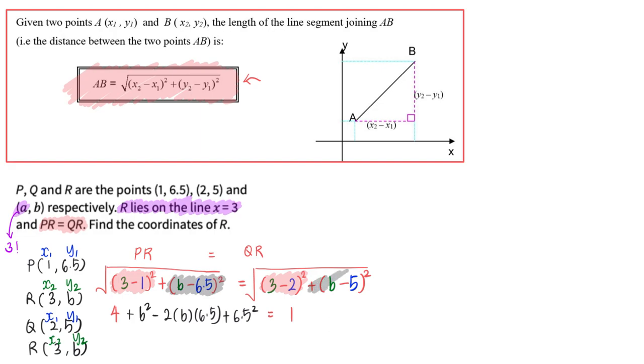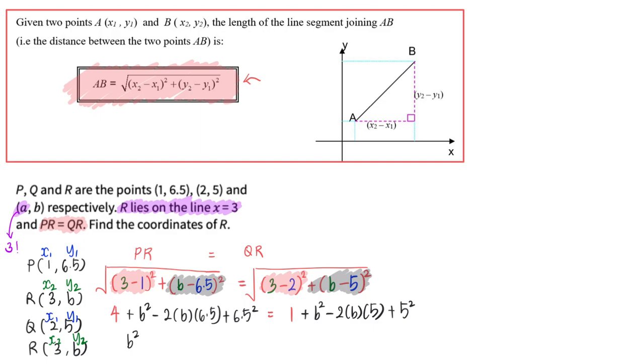Again, this part here will also make use of the algebraic formula. So I will have my b squared minus 2 times b times 5 plus 5 squared. So I'm going to simplify.